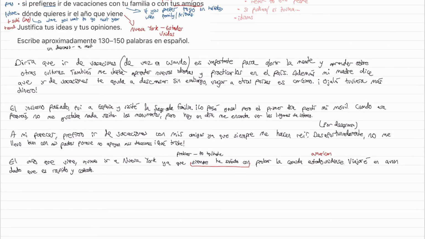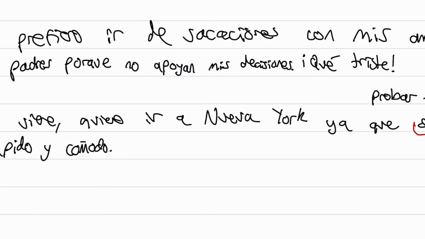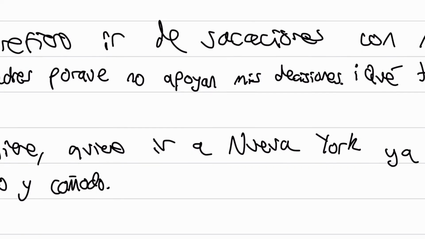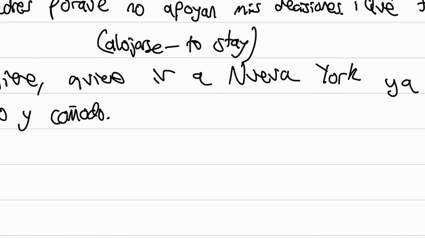Is that enough detail? Let's add one more sentence about accommodation. I like using the verb alojarse to show where you're going to stay, which means to stay. So me alojaré, to conjugate that reflexive verb from se to me.